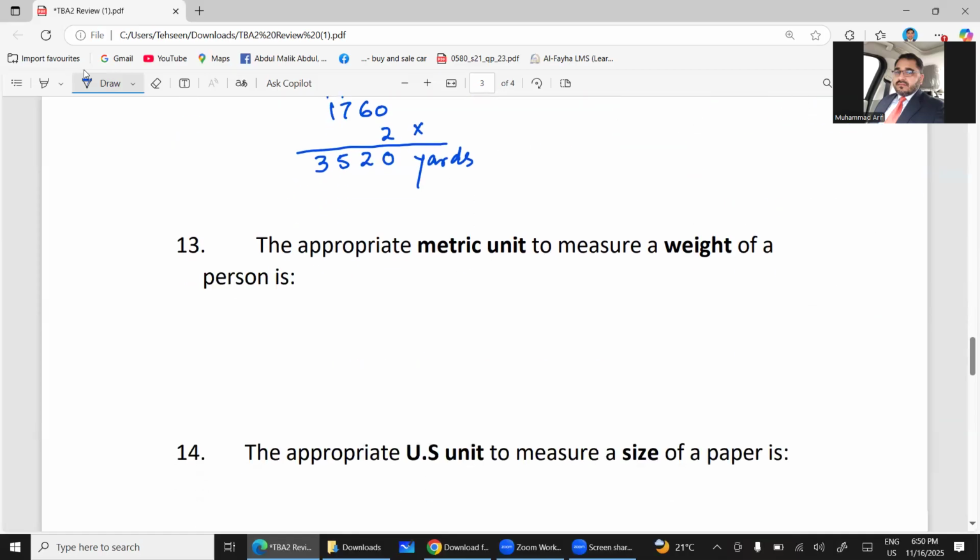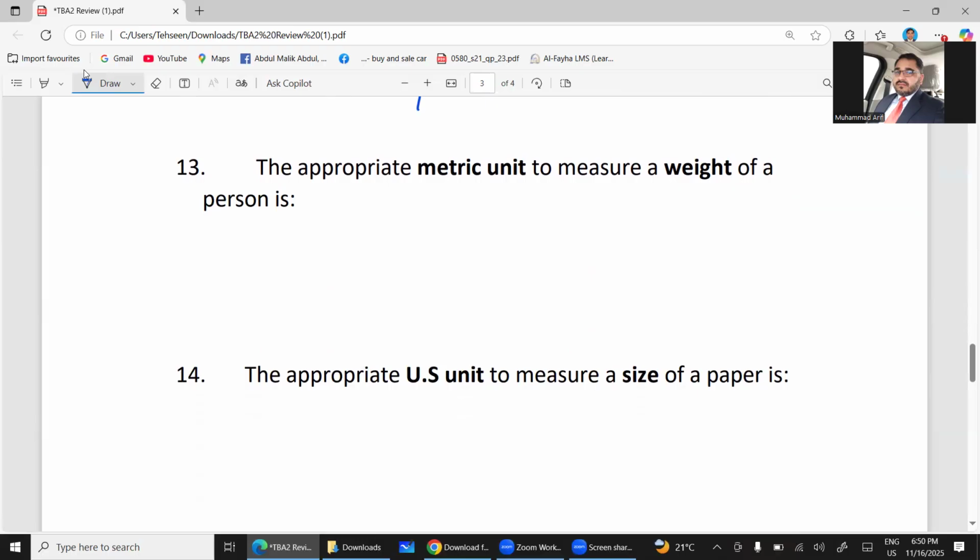Now, question number 13 is the appropriate metric unit to measure the weight of a person. In the metric system, the kilogram is the unit that we use to measure the weight of a person. Kilogram, kg.